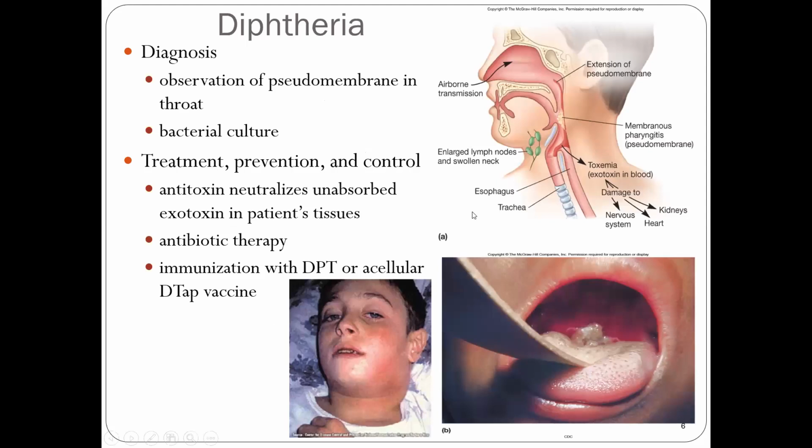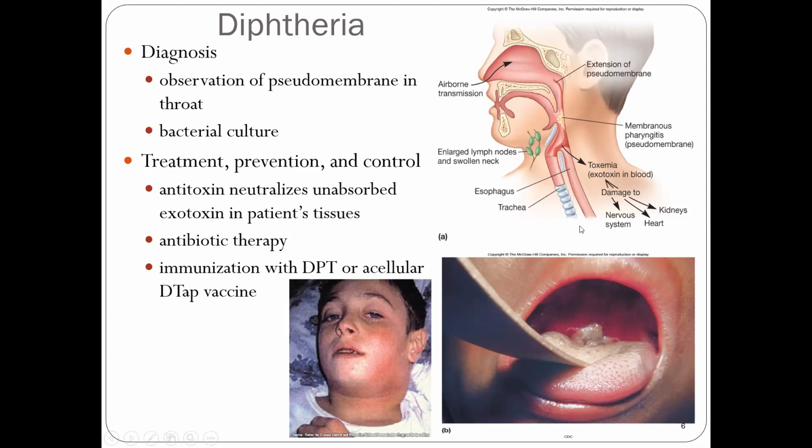Now, we need to know that this pathogen is localized, which means it does not have very strong invasiveness. It usually happens in the tonsil area. Then the exotoxin is going to cause damage in the nervous system, kidney, and the heart. The symptoms are a sore neck, and typically you have a pseudomembrane on the tonsil area.